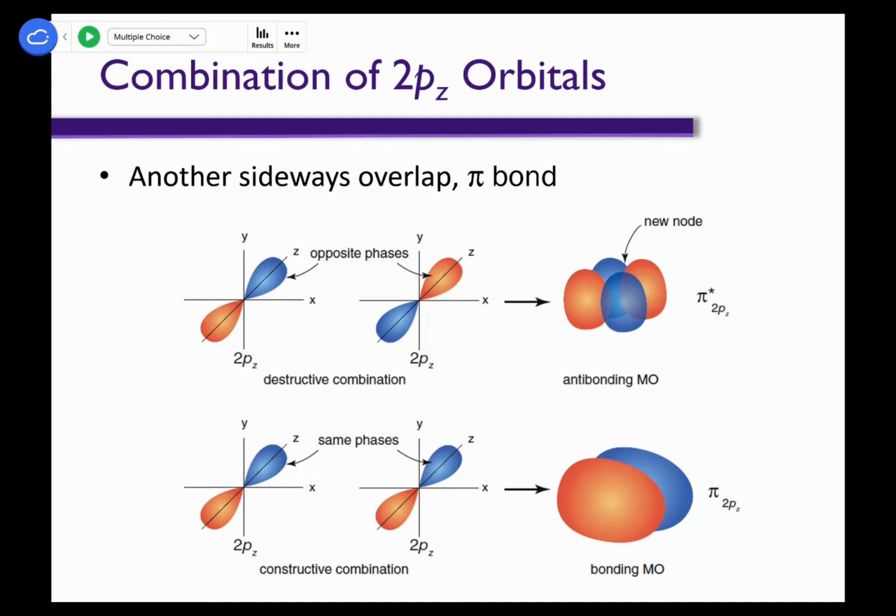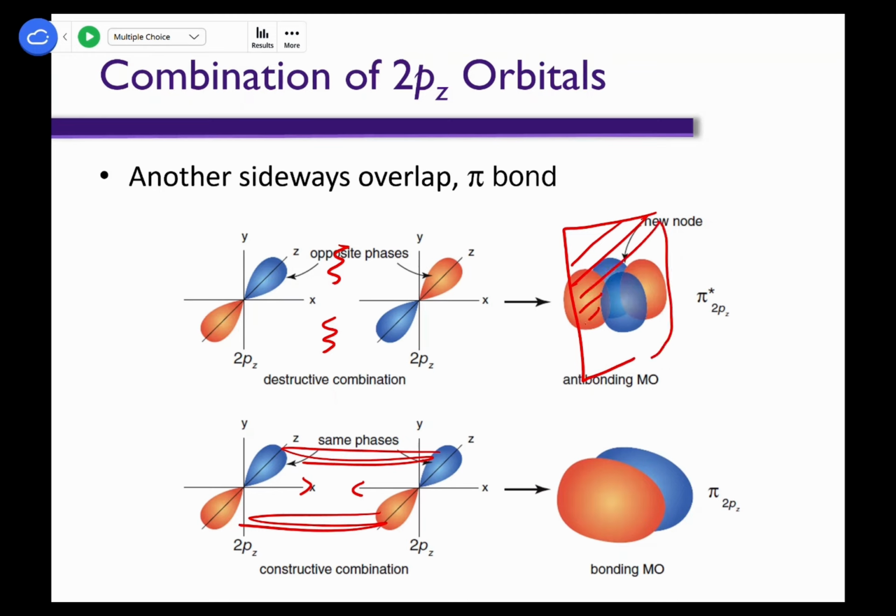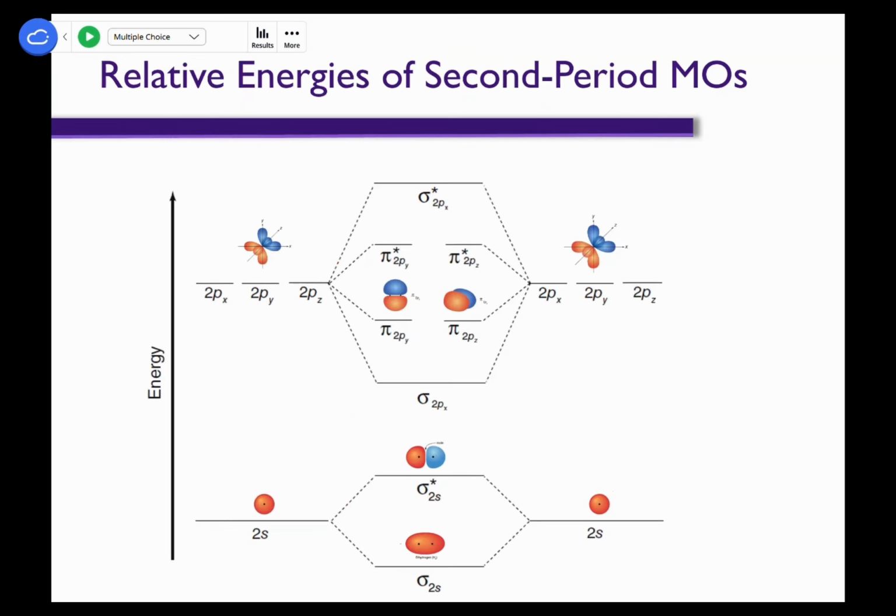So that's what we're trying to draw on our paper. So same phase comes together versus opposite phase. And we have a new node. It's just really hard to draw it in 3 dimensions, combining there.